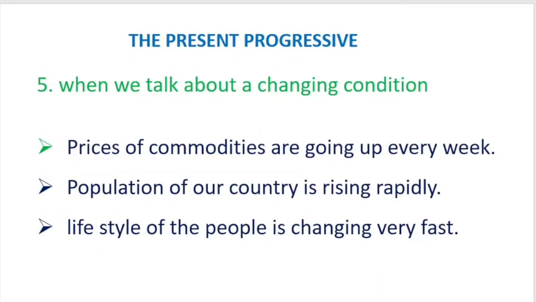We use the present progressive form when we talk about a changing condition. Prices of commodities are going up every week. Changing condition. Population of our country is rising rapidly. Changing condition. Lifestyle of the people is changing very fast. It is a changing condition.